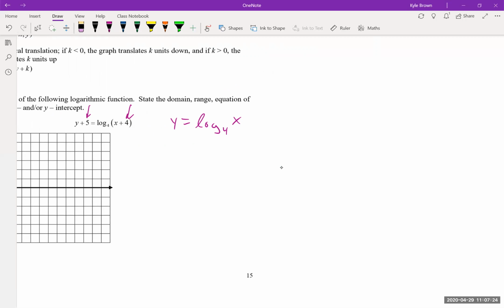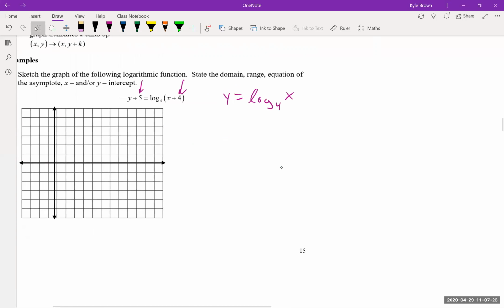So what we have to be able to do is draw out our original base function and then apply our transformations. So how do we draw out our base function of that? You could just start putting in numbers for x and seeing what you get out for y, but it's going to be hard to guess which ones are going to give us nice numbers so we end up on a nice point.